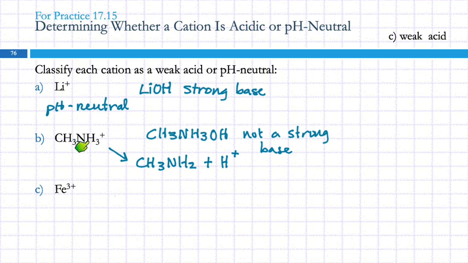You see this NH part in here? This is an amine. So this CH3 thing over here was substituted in for an H. So this is like NH4 plus, ammonium.